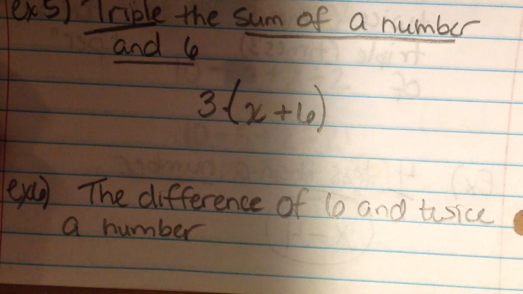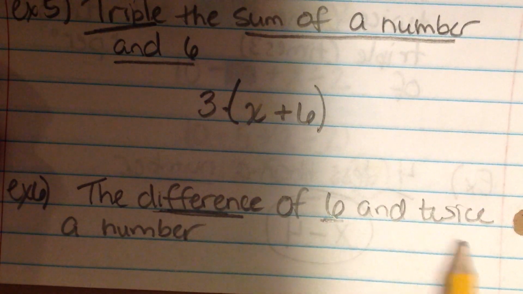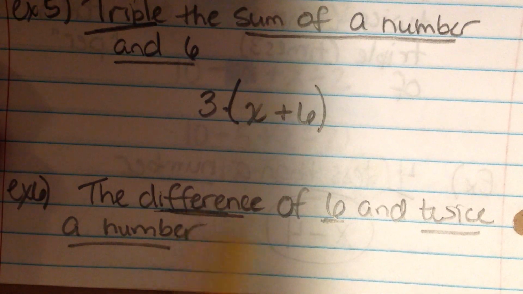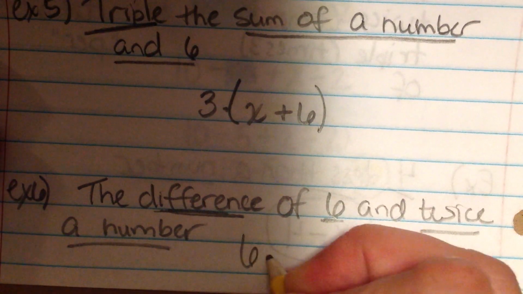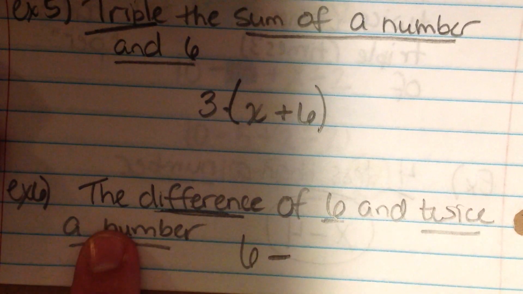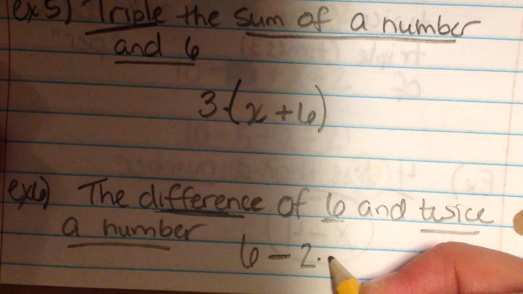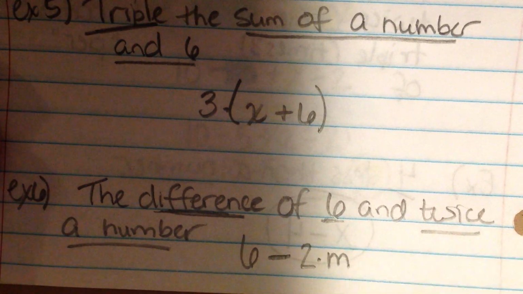So we're not saying 6 less than, we're saying the difference of. So difference means subtract. I want to subtract 6 and twice a number. So there's 2 parts there. So I want difference is subtract. So I want to do 6, subtract, twice a number. Twice means 2 times. We don't know what the number is, so we choose a letter. 2 times, that could be any letter. I'm going to choose M.